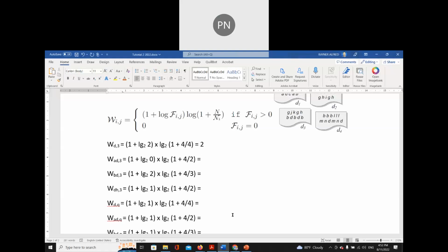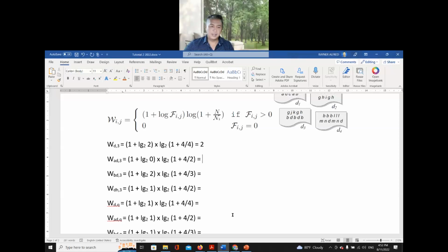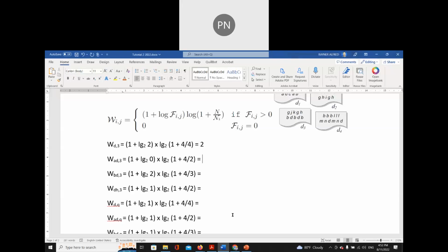What is the weightage for AD? Zero. Anyone?